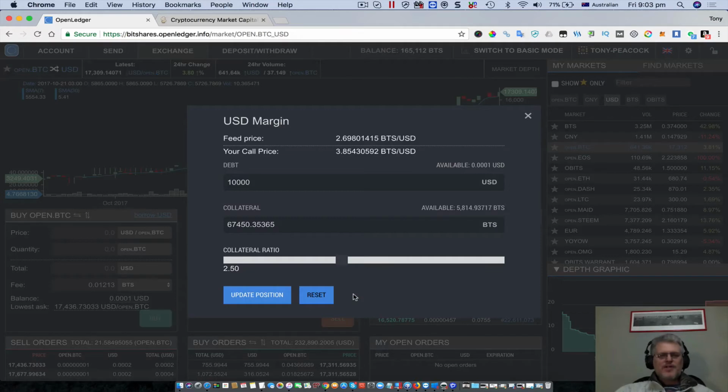So now if I put in here 10,000 USD and I collateralize that with 250%, in other words, I'm going to use 67,450 Bitshares as collateral to collateralize this 10,000 debt. So in other words, the exchange is saying, okay, well, we'll lend you 10,000, but you need to back it up with something.